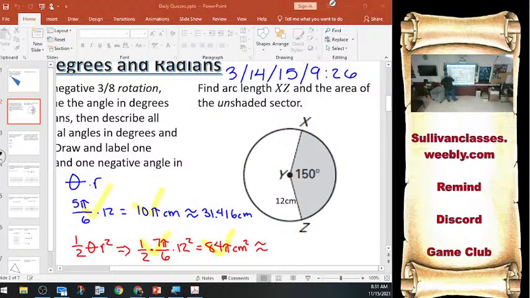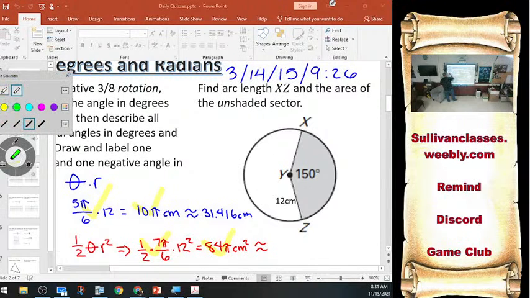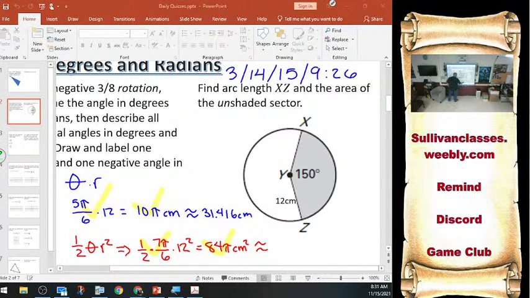Okay. And then one more thing, because we made such a deal out of it last time: having your correct units on there, including centimeters squared. Because y'all got stanky about it.